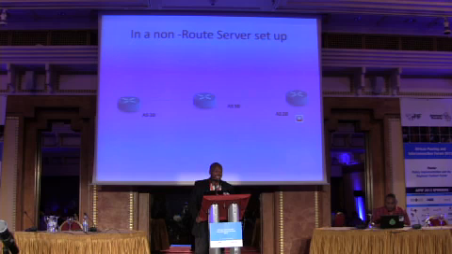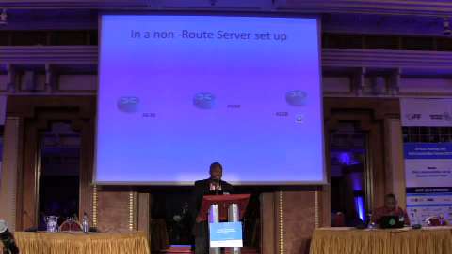So in a non-route server setup, the packet leaves ASN 10 to ASN 50. You can see that the AS-PATH, when it gets to ASN 20, is 10 and 50. I'm just using a small scenario.